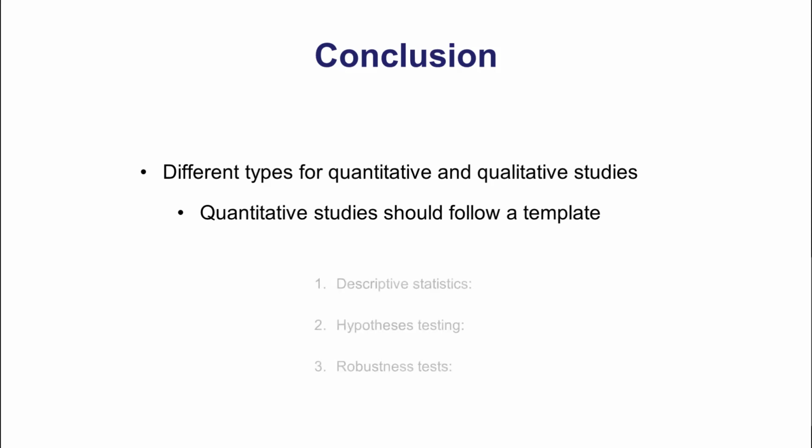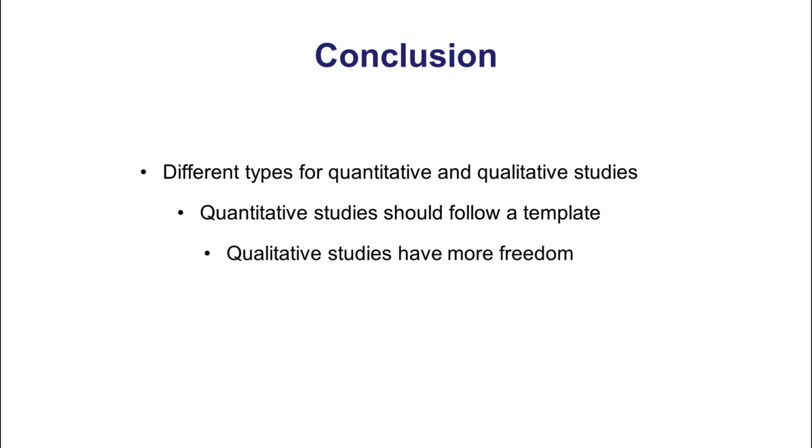You have the first subsection about descriptive statistics, followed by hypothesis testing, and maybe then a robustness test section. For qualitative studies, you have much more freedom. That's great, you can be creative. Yet there are also certain principles or guidelines that are helpful for writing stronger and more convincing qualitative studies.